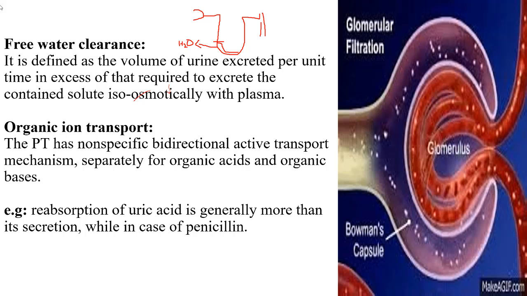I will give one example. Uric acid is normally secreted more than it is reabsorbed. But when I give penicillin, the reabsorption of uric acid will be more than its secretion. So depending upon the organic acid or organic base, it is a bidirectional active transport mechanism. It can reabsorb or it can secrete depending upon the acid or base.